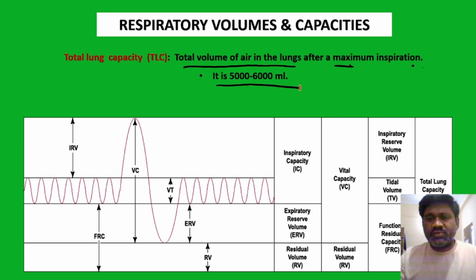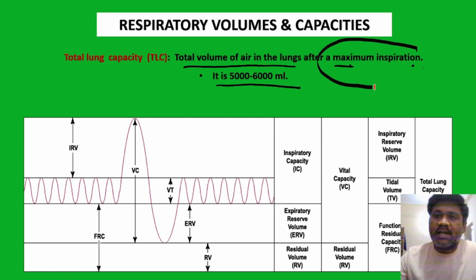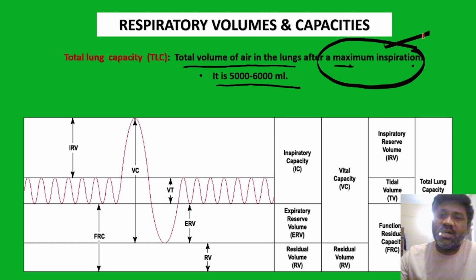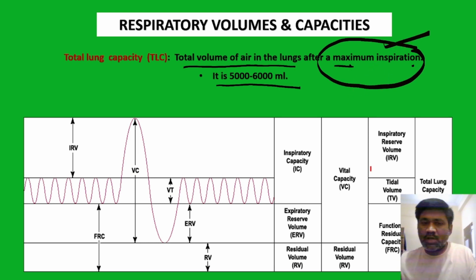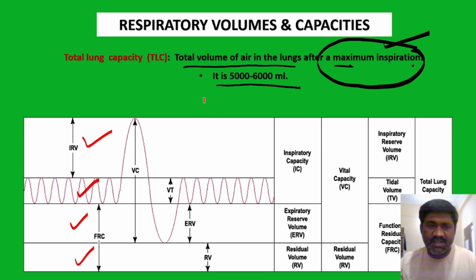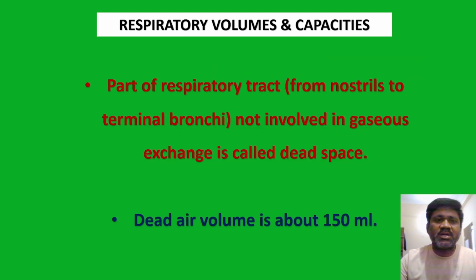It is 5000 to 6000 ml. Whenever we inhale maximally, the amount of air present in the lungs is the total lung capacity. Total lung capacity means IRV, TV, ERV plus RV, all together. Right? So this is about the respiratory volumes and capacities.